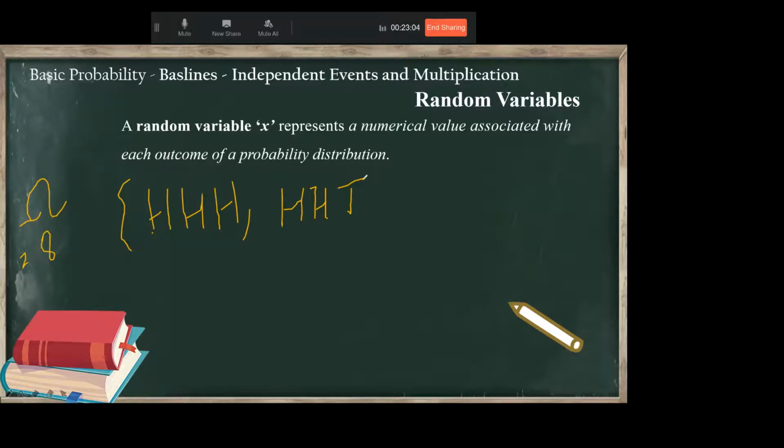First head, second tail, and the third one is head again. Or first tail, second head, third head, right?